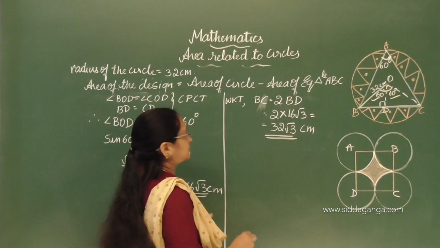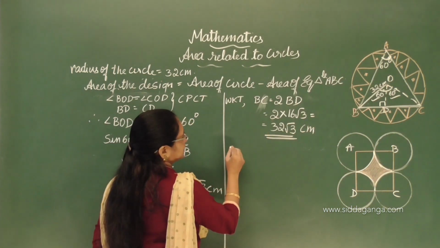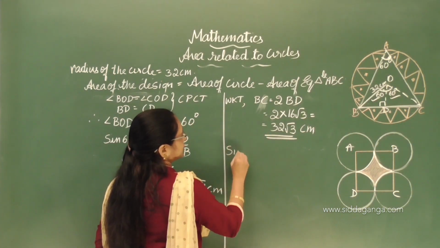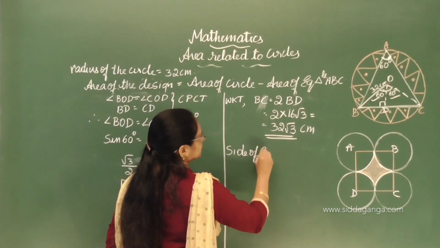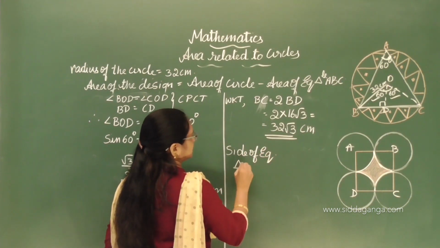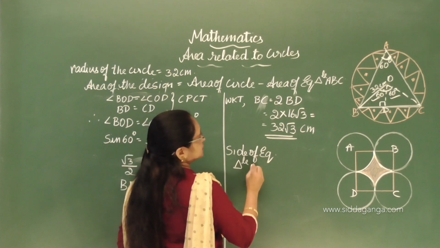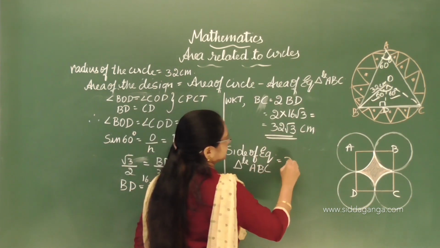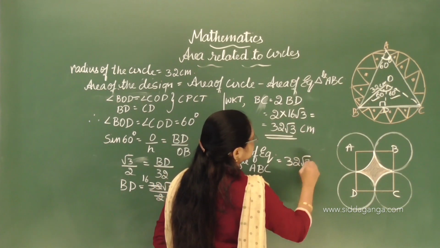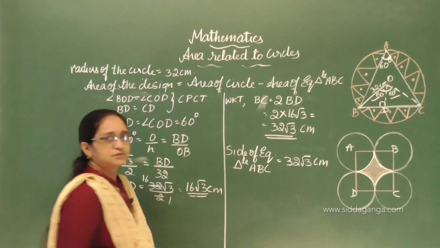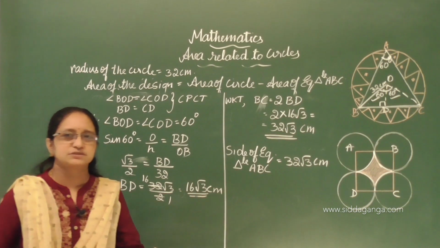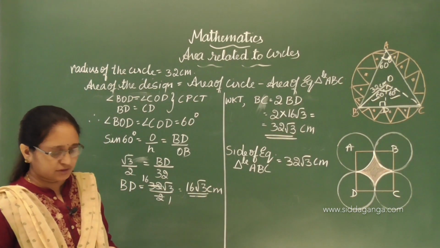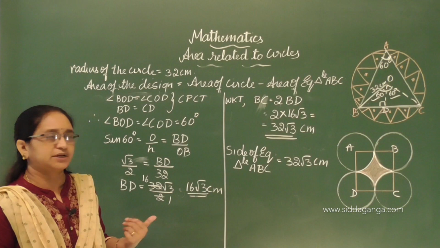BC is nothing but the side of the equilateral triangle ABC. The side of the equilateral triangle is 32 root 3 centimeter. Now it is easy to find out the area of the equilateral triangle.